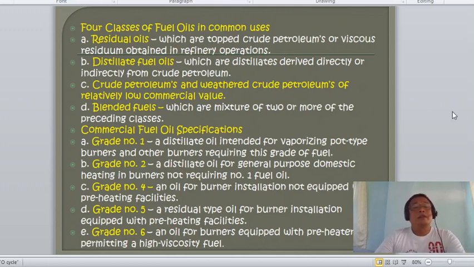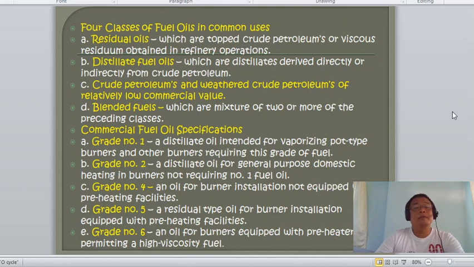Residual oil, which is top crude petroleum or viscous residue obtained in refinery operation. Other is distillate fuel oils, which are distillates derived directly or indirectly from crude petroleum. Another is crude petroleums and weathered crude petroleums of relatively low commercial value.